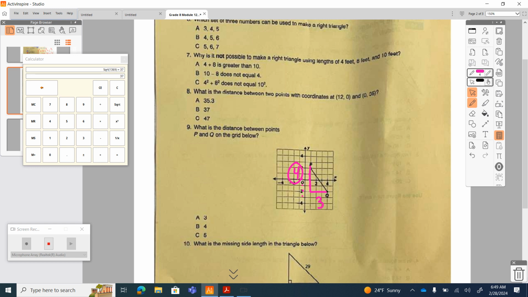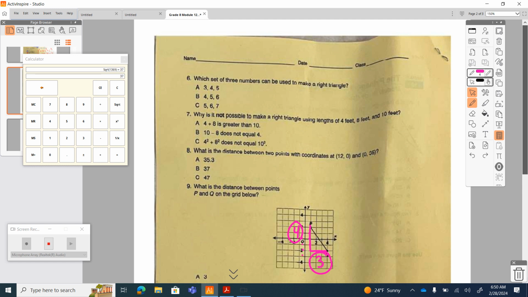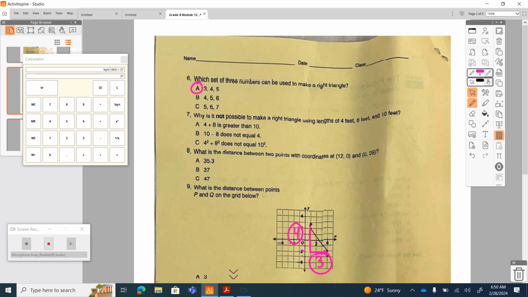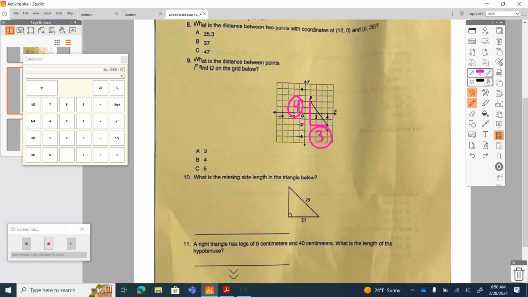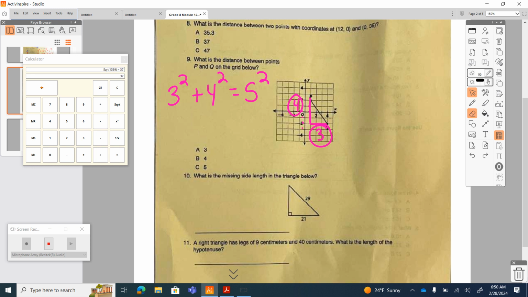And if I remember from right up here, 3, 4, 5 makes a right triangle. I don't really have to do anything, but if I don't remember that, 3 squared plus 4 squared equals 5 squared. Sorry guys, I was finding that, right?